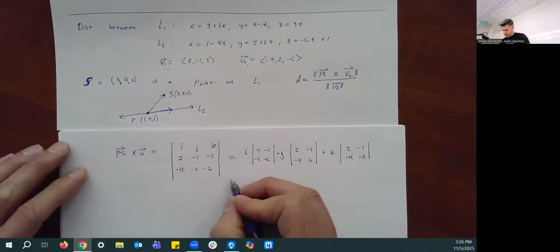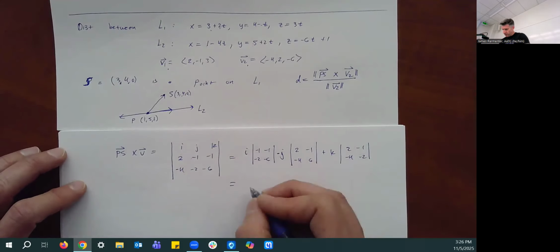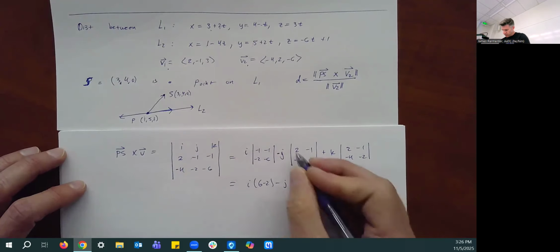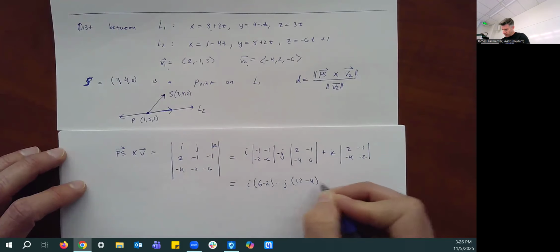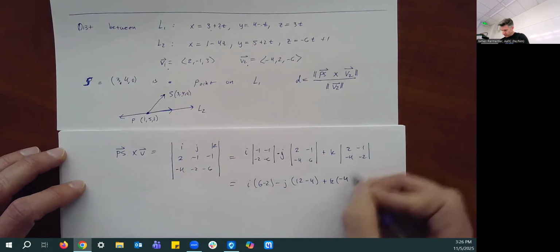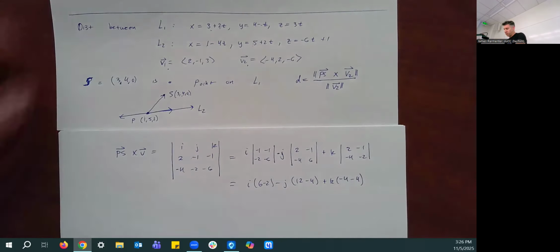Let's actually write it out. We get i times 6 minus 2, minus j times 12 minus 4, plus k times 4 minus 4. Be careful. It can be easy to accidentally think you get 0 when you get not 0.